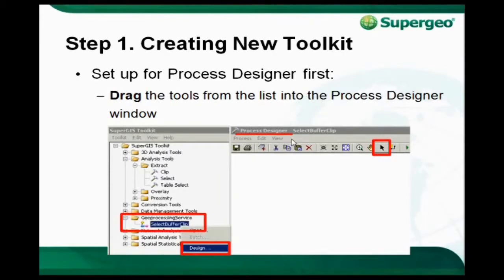The two most useful tools in the Designer window are Select and Add Connection. Use the Select tool to drag each function listed in the Toolkit panel into your own Process Designer window.